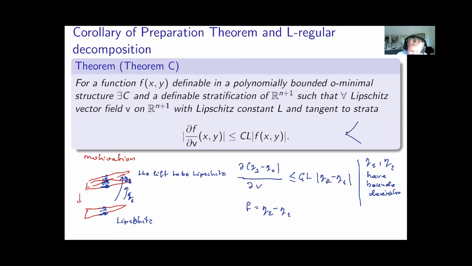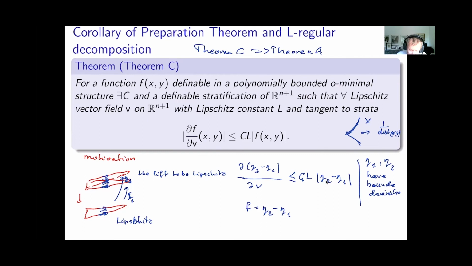So if you have X like this, and you have a point away from X, and you take, let's say, the unit vector field, you can extend this vector field to a Lipschitz vector field which vanishes on X, with a constant one over the distance of this point to X, and apply this theorem C to theorem A, but not B, to this Lipschitz vector field.